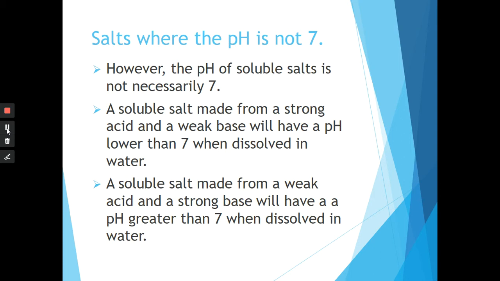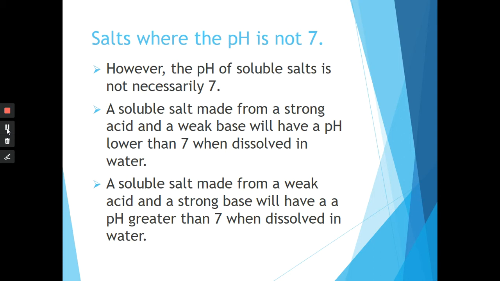Alternatively, if we do it with a weak acid and a strong base, so if I use ethanoic acid and sodium hydroxide, my sodium hydroxide fully dissociates, but my ethanoic acid doesn't fully dissociate. We still have molecules of ethanoic acid left. This means that there won't be one hydrogen ion for every hydroxide ion.